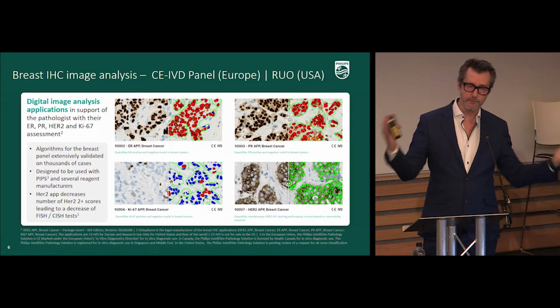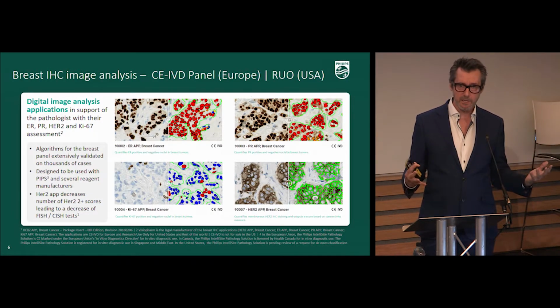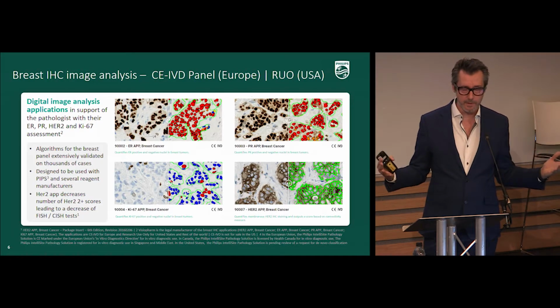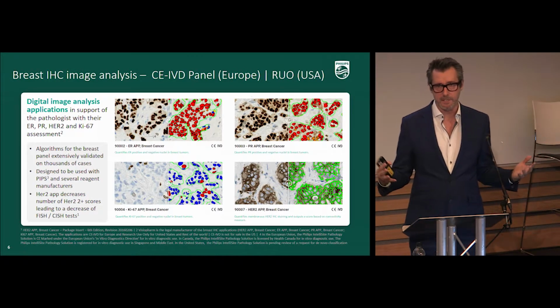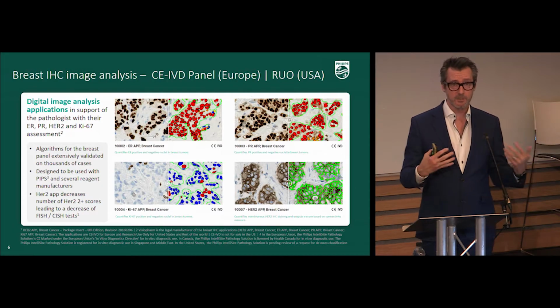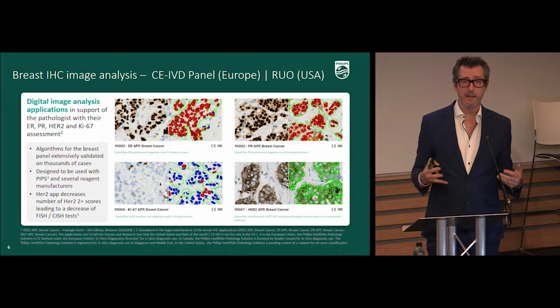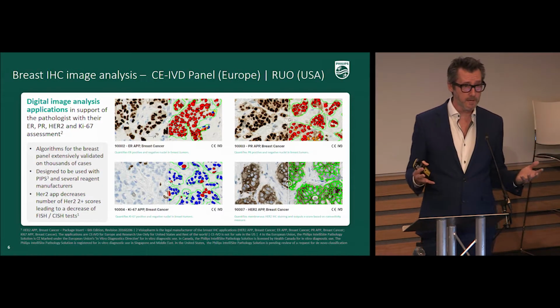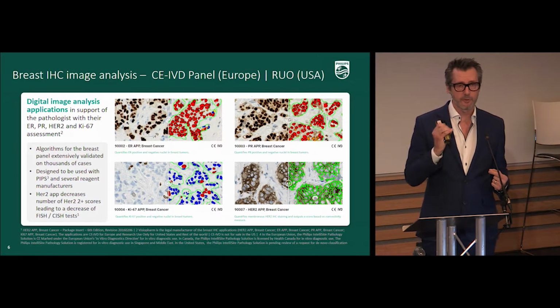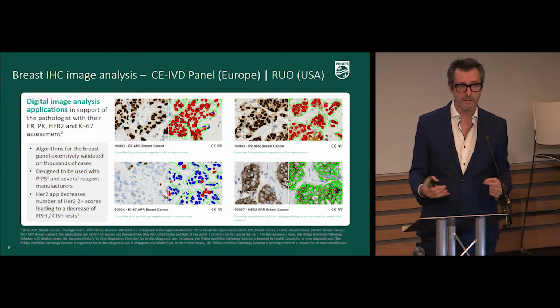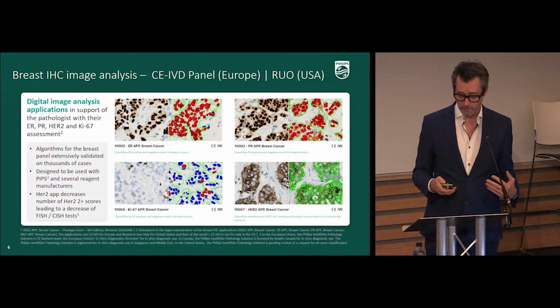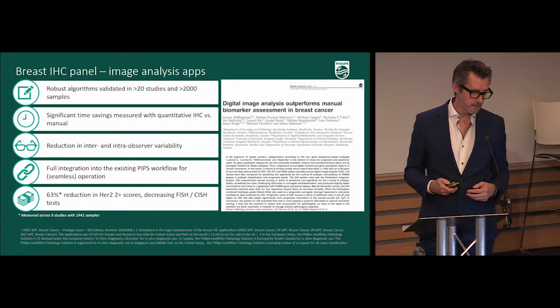So pathologists can view that breast case, the H&E images associated with a difficult breast case, where they can then subsequently view the IHC images, the IHC panels, but select algorithms to run on those images to generate data as part of the routine workflow. And I think this is significant.